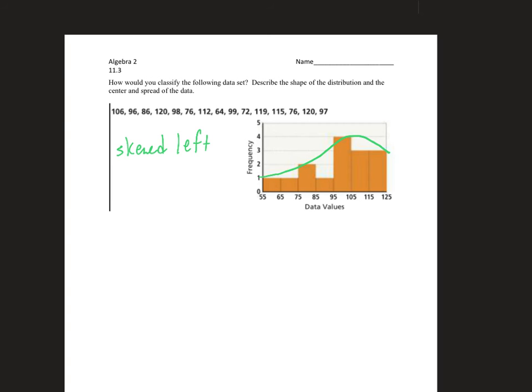So to measure this data, we would use the median because that's the measure of center that's most in the middle, and the interquartile range. So unfortunately, this data set is not in order, so we'll need to put it in order to find the median, and from there we can find the interquartile range.